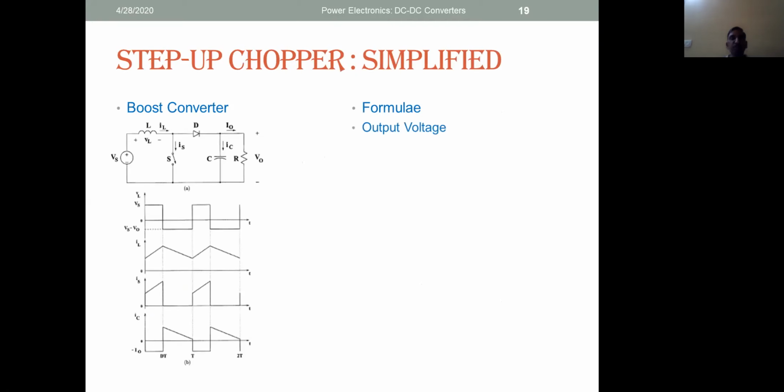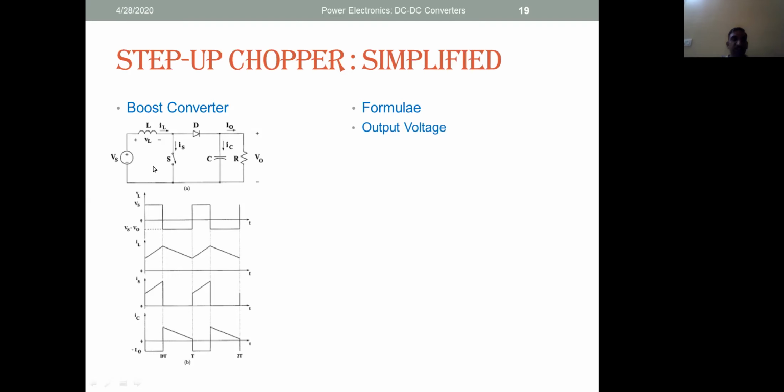So the simplified boost chopper can be seen here. The diode is forward biased when this switch is open. This is the filter capacitor and the load current. So you can see the waveforms for Vs, the source voltage, and the inductor current rising when the switch is closed, because this is one loop.